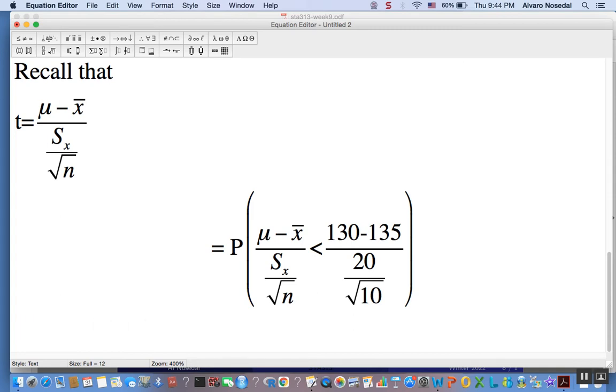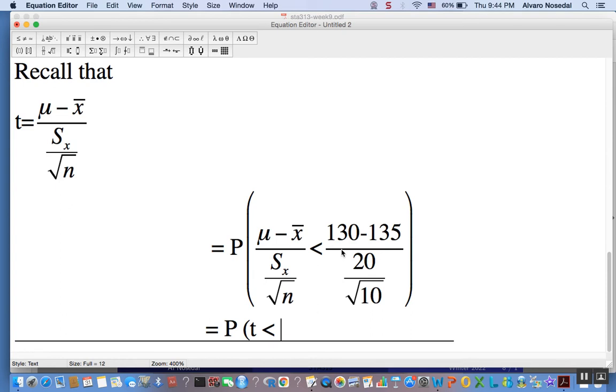So now this guy on the left hand side becomes a t, right? Less than something. We have to do the math.